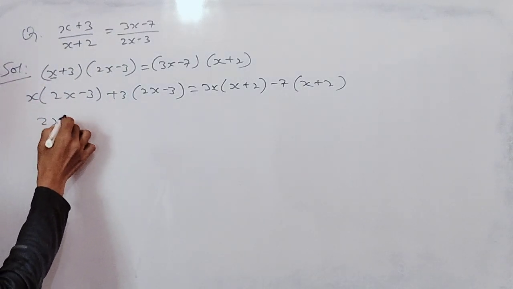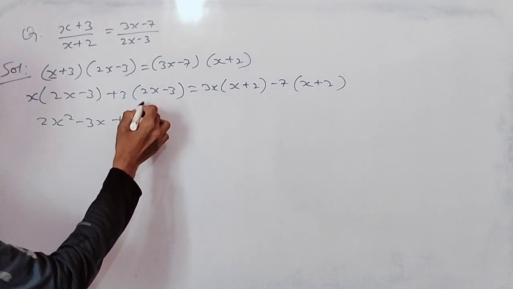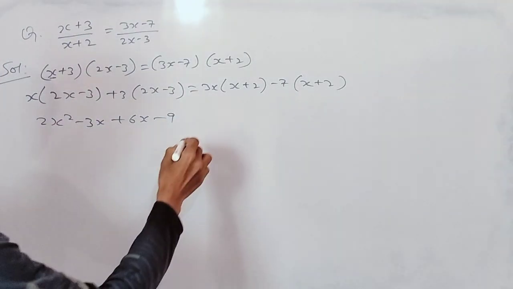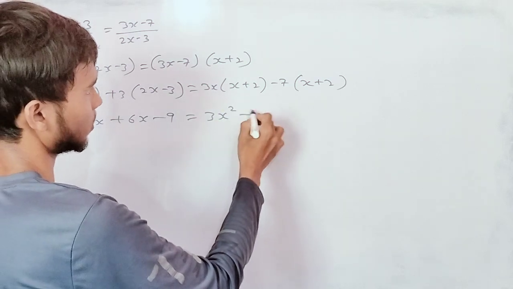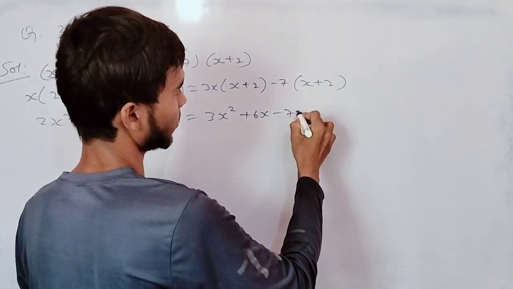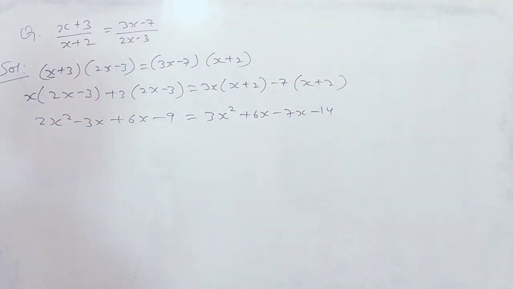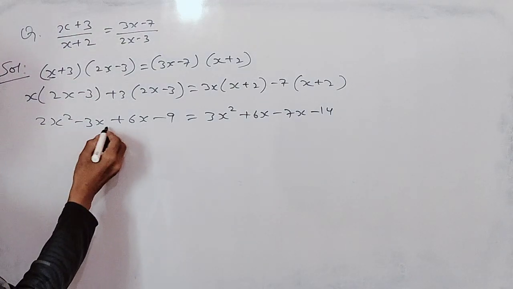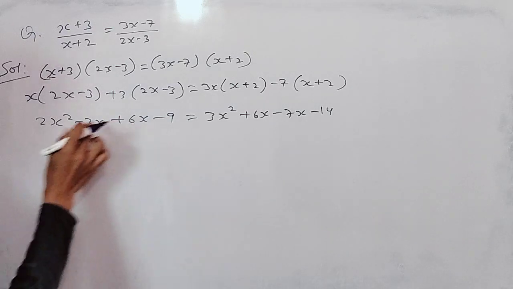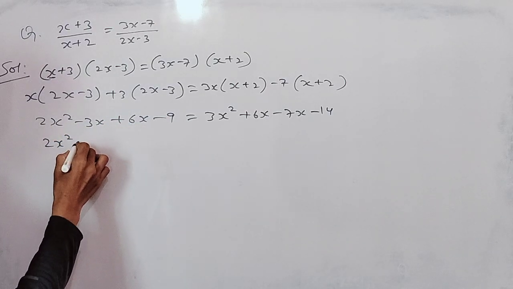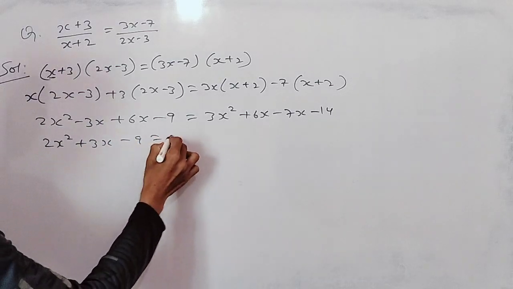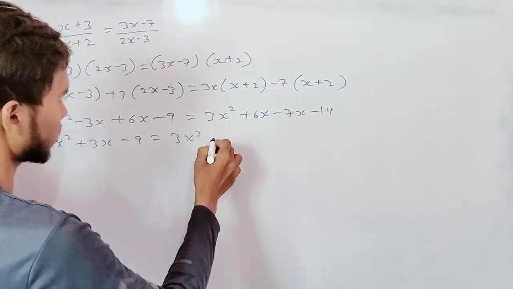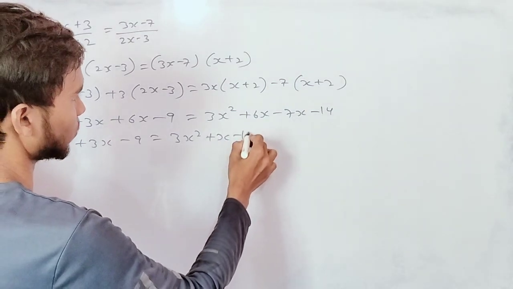Now 2x square minus 3x plus 6x, minus 3 threes are 9. Yes. Now 3x square plus 3 twos are 6x minus 7x minus 14. Now here you can see, we can subtract this from this: 2x square plus 3x minus 9, and 3x square, here it is giving only plus x minus 14.